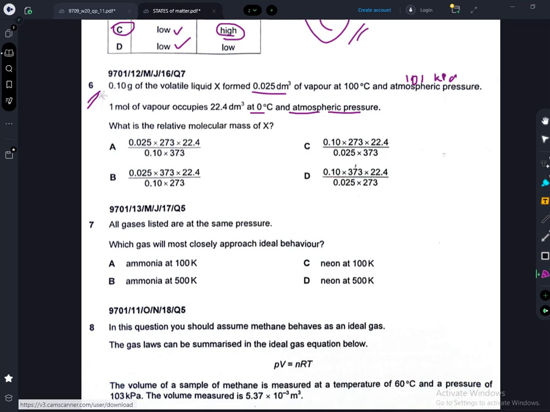What is the relative molecular mass of X? So we know PV is equal to nRT, and PV is equal to mass over Mr times RT, because n is number of moles, and we have to find Mr. So Mr is equal to mass into RT divided by PV.